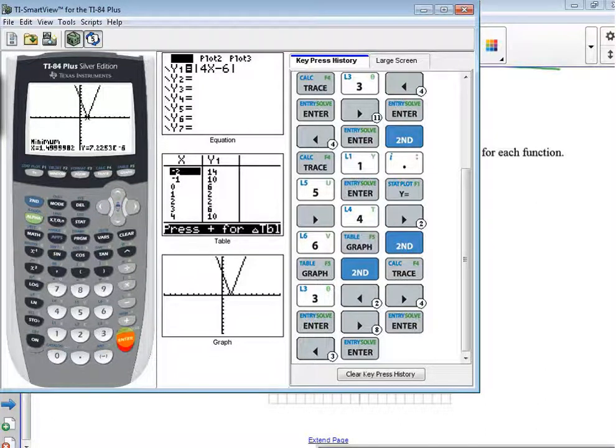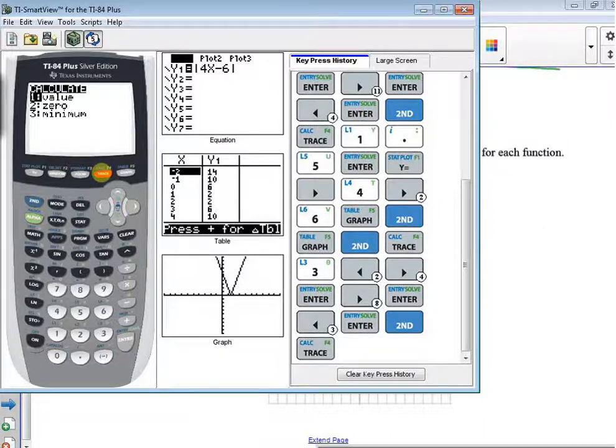And again, we get this crazy 1.4999, 7.2253. I believe that's really 1.5 comma 0. So to check it, I'm going to go second trace, number 1 value, and I'm going to enter in 1.5.